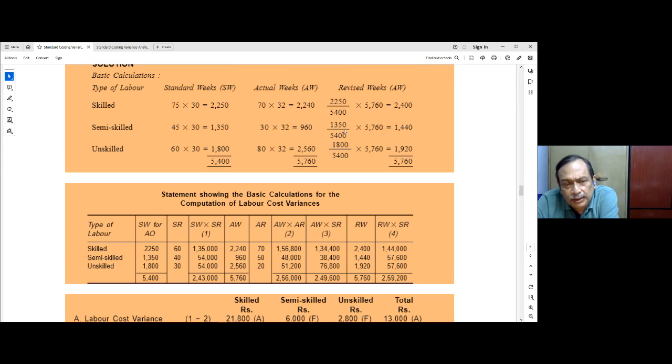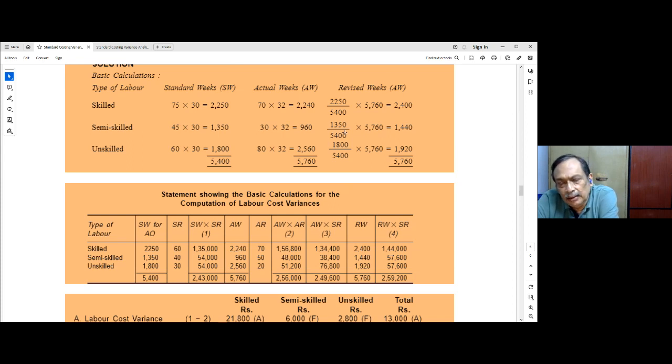It is 2250 for skilled, 1350 for semi-skilled, and 1800 for unskilled. Total is 5400. Standard rate is given in the question, 60, 40, and 30, respectively for skilled, semi-skilled, and unskilled.